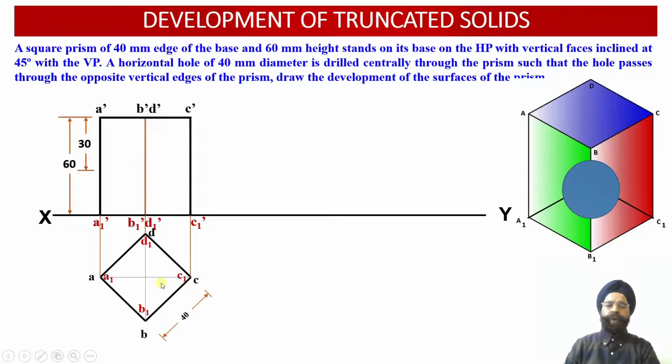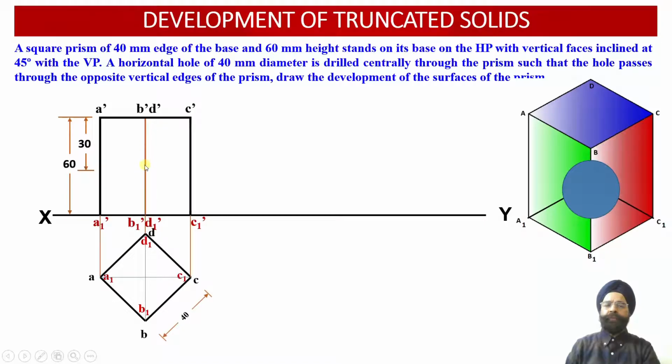We have been able to obtain the top view projections of the square prism, which happens to be inclined with respect to the vertical plane at an angle of 45 degree. Now we know that there is a central hole which we need to obtain, and this hole should be obtained at a height of 30 millimeter. That is, the axis height is 60 millimeter.